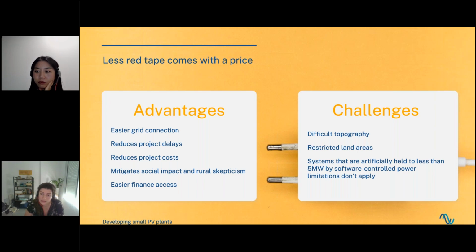As for challenges, these smaller plants also sometimes find more difficulties in the topography part. Restricted land areas too, you're going to have more interesting designs and layouts, let's say. And we also need to be careful with the capacity because, for example, in Australia, systems that are artificially held to less than 5 megawatts by software controlled power limitation would not apply for these exceptions.